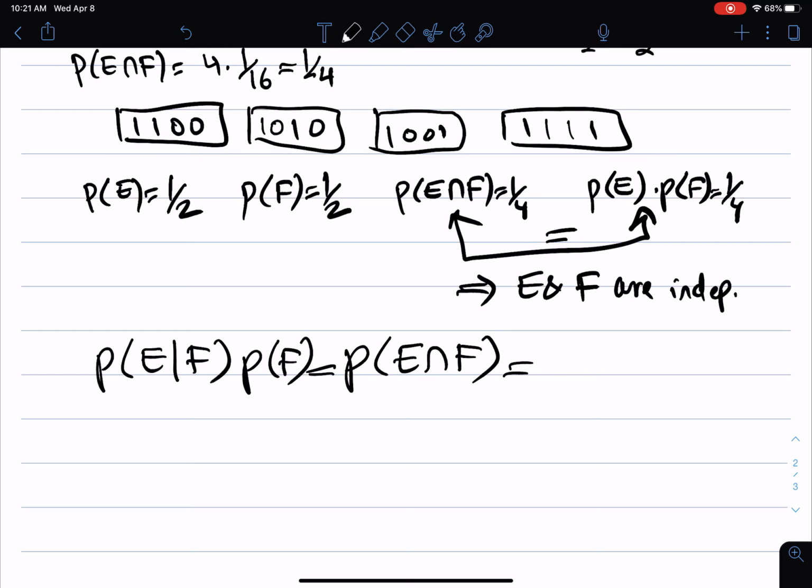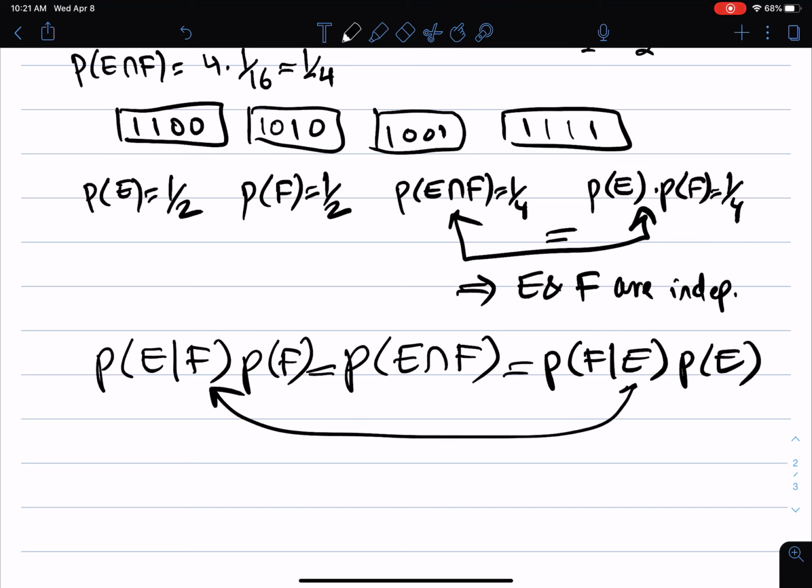E intersection with F is the same thing as the intersection of F and E. Therefore, I could also write this as the probability of F given E times the probability of E, okay? So you can either condition E on F times the probability of F, or you can condition F on E times the probability of E. These two are equal, okay, no matter how you do it.